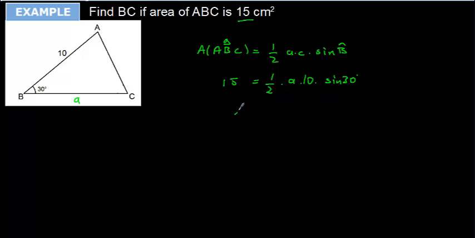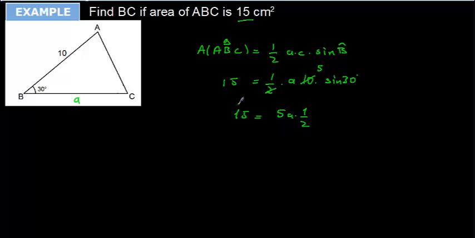So 15 is equal to, here when you simplify 2 by 10 it's going to be 5, and 5A times sine 30, which is 1 over 2, is equal to 15.